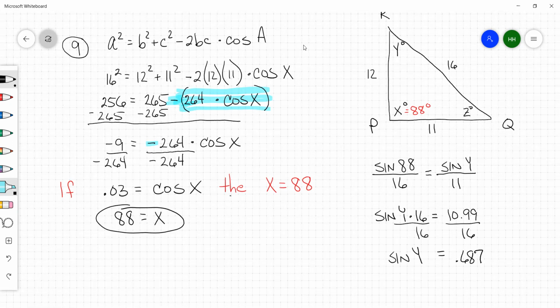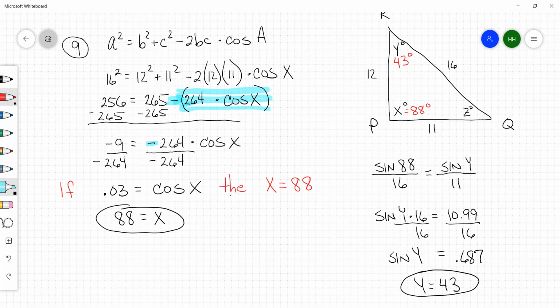All right, so if the sine of y equals 0.687, then y is going to equal, we'll go second sine, 43.39, so we're going to go 43. All right, so our y is equal to 43 degrees.